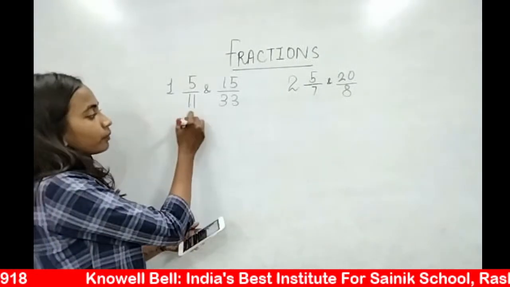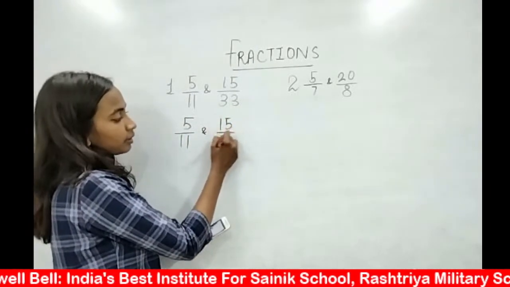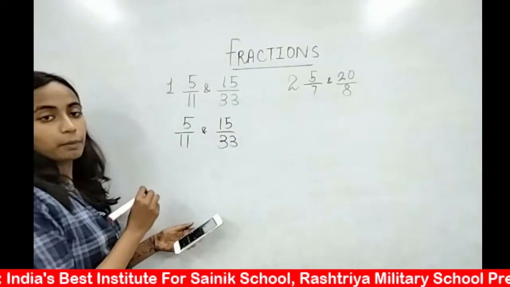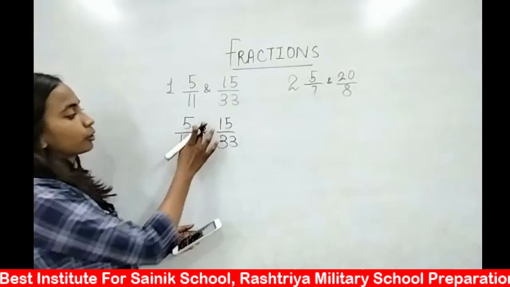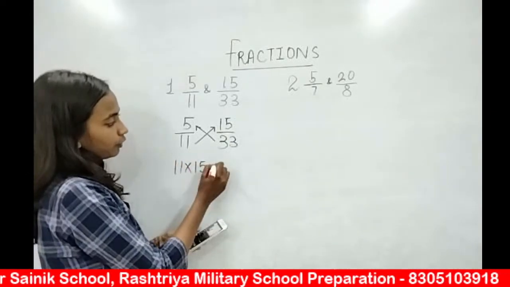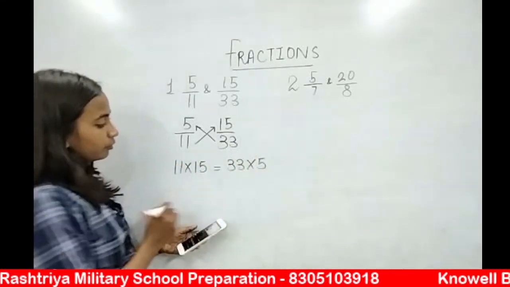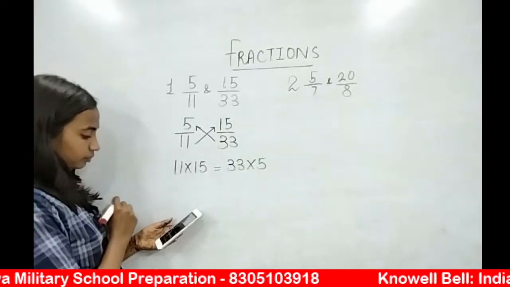Have a look. 5 by 11 and 15 by 33. क्या करोगे आप? You will cross multiply. 11 multiplied by 15 is equal to 33 multiplied by 5. Solve it.